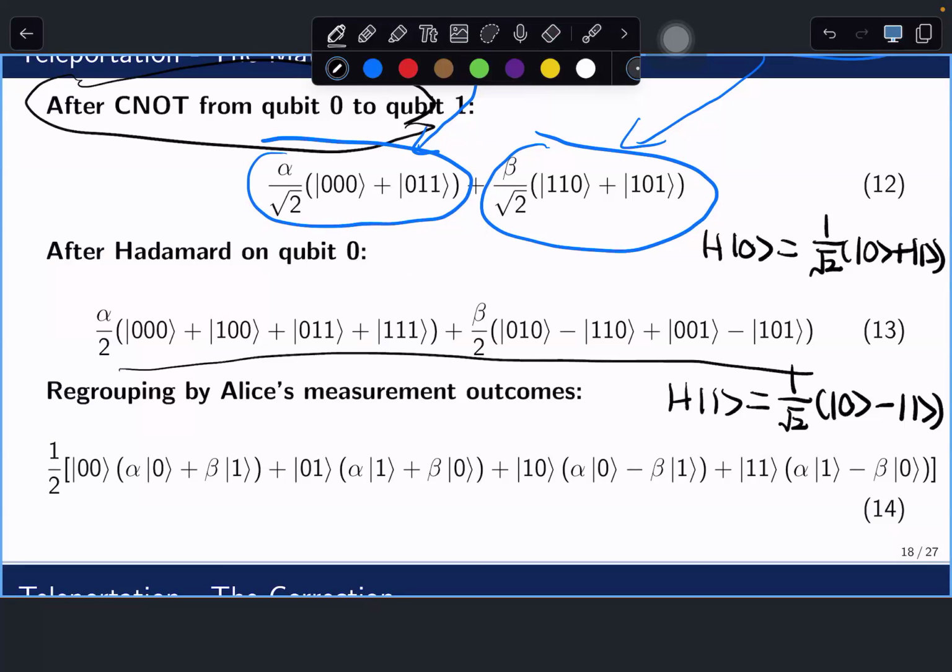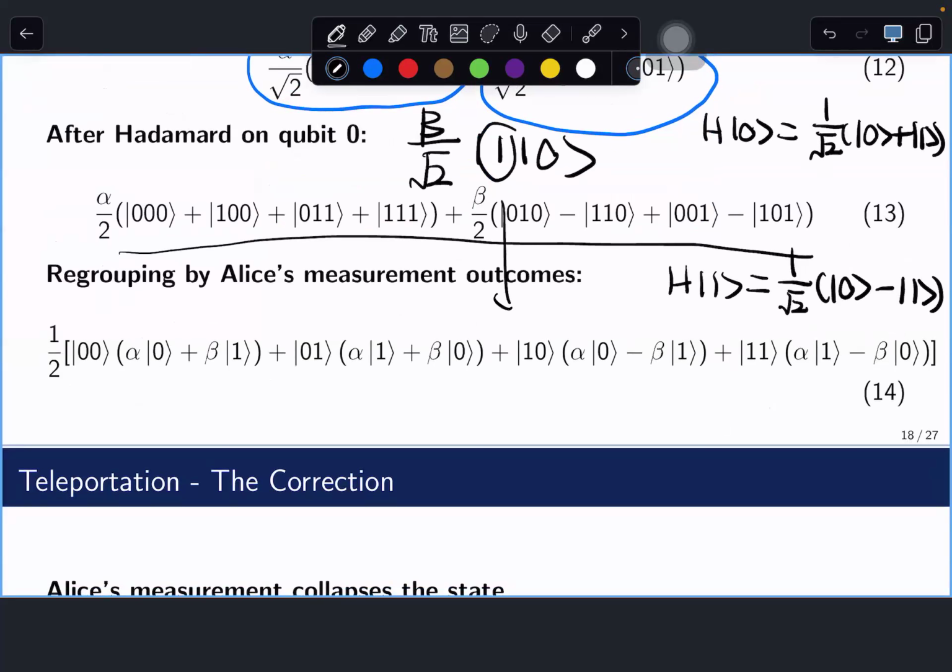So just take this term as an example. Its coefficient is beta over square root of 2, and |110>. We apply the Hadamard gate on this qubit. So this one splits into 1 over square root of 2 times |0> minus |1>.